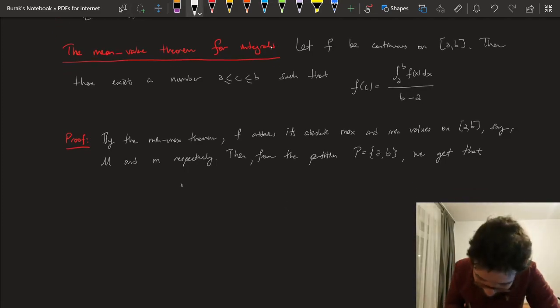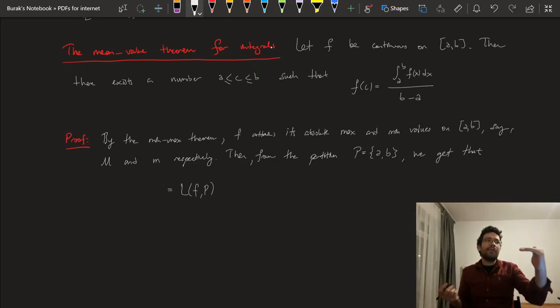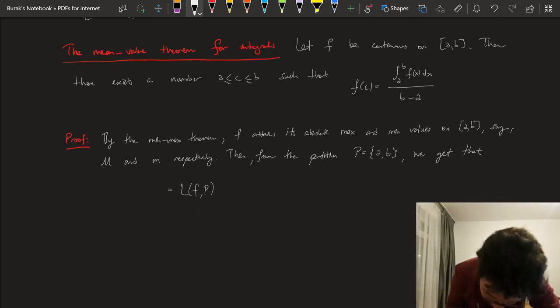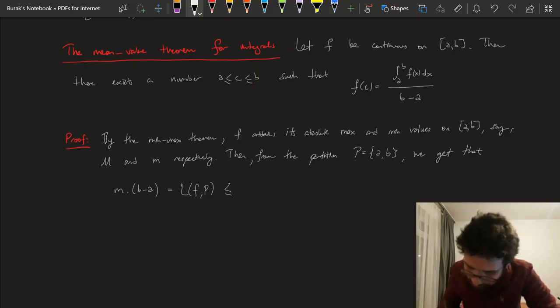Now, if you compute the lower Riemann sum of f with respect to this partition, you're supposed to take the minimum value of f over each interval, multiply with the width and so on, but there's only one interval and it's [a, b], so I need to take the minimum value of f over [a, b], which is little m, and multiply this with the length of the interval, which is b minus a. And I know that any lower Riemann sum is less than or equal to the integral, and the integral is less than or equal to any upper Riemann sum.